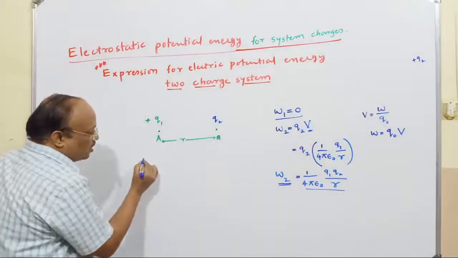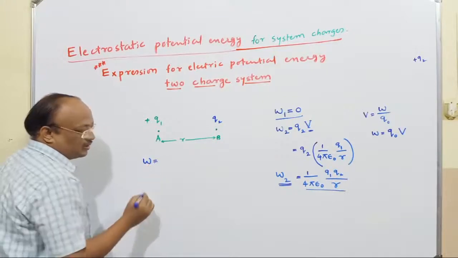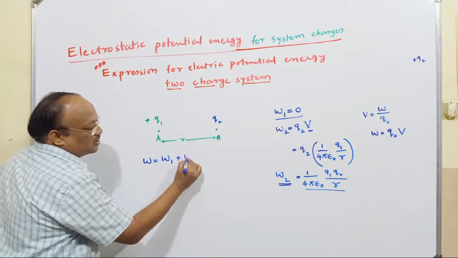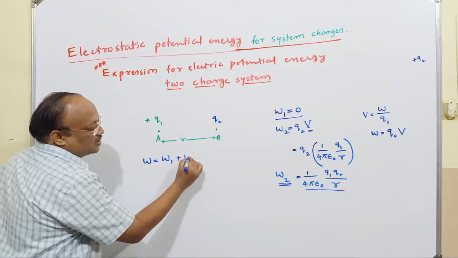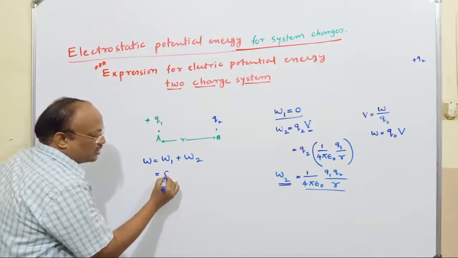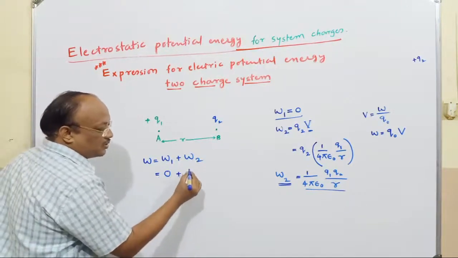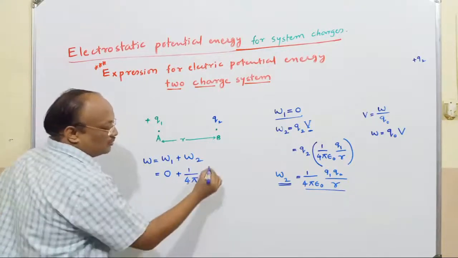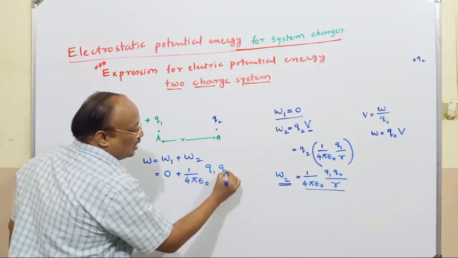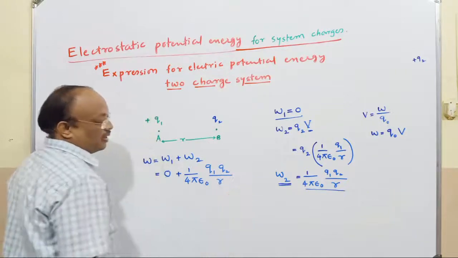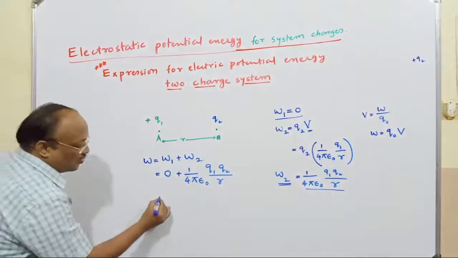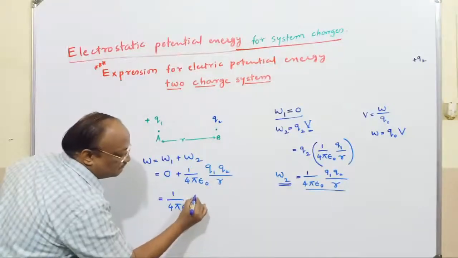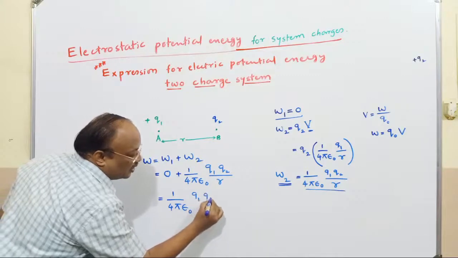What is the total work done? Total work done is W1 plus W2. So here it is 0 plus 1 by 4 pi epsilon naught Q1 into Q2 by R. So total work done is 1 by 4 pi epsilon naught Q1 Q2 by R.